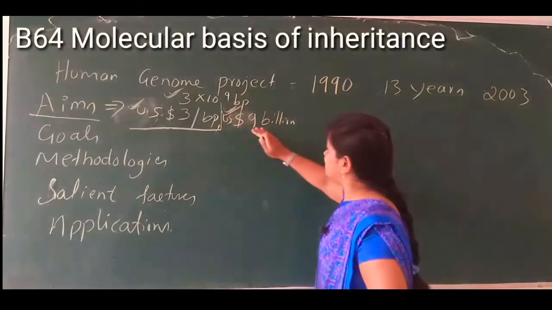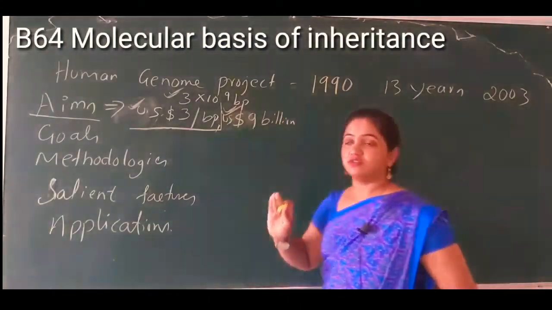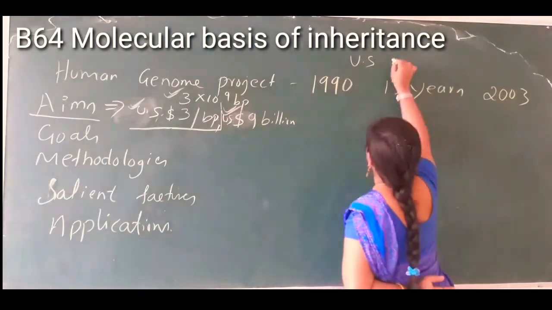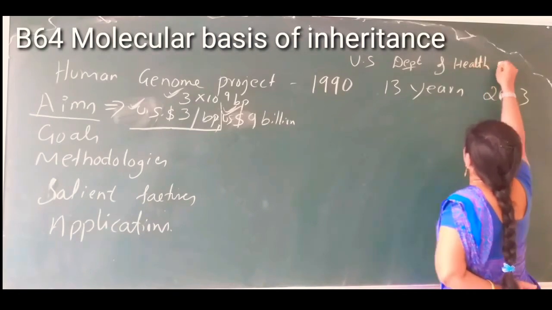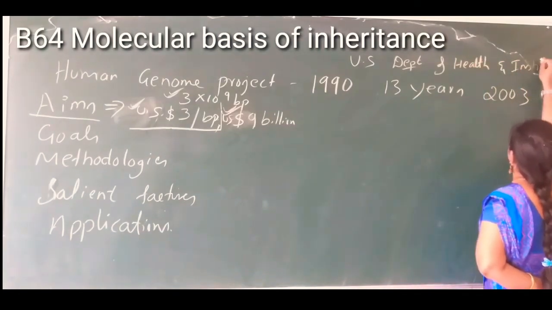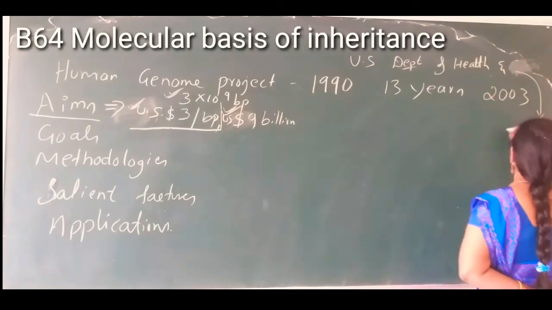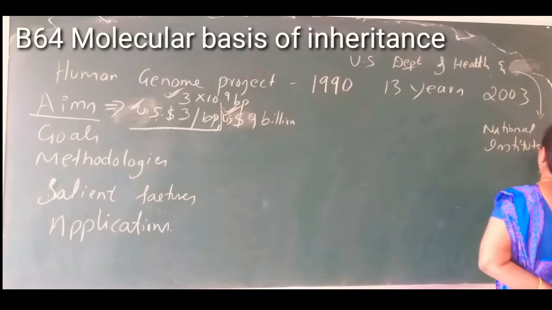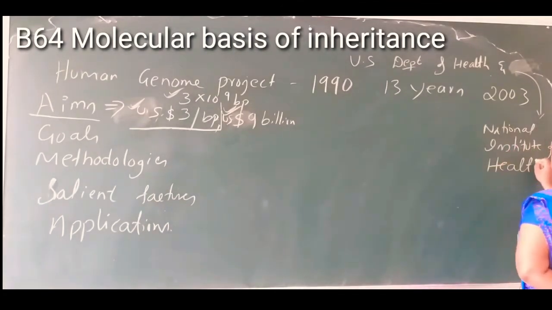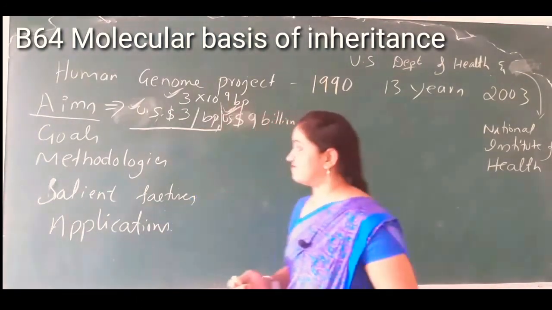So how many million dollars? $9 billion, the total estimation of the US Department of Energy and the National Institute of Health. And one more trust joined with them.